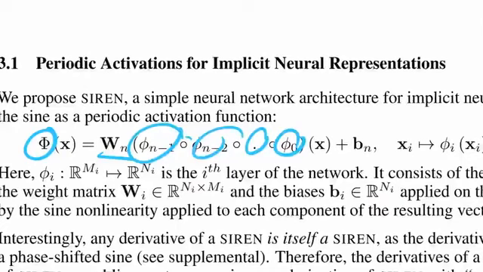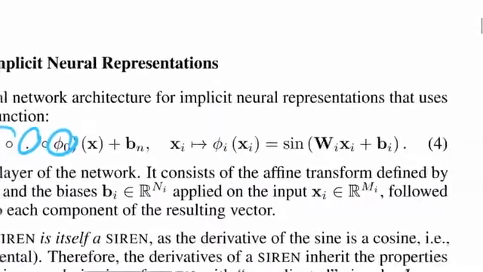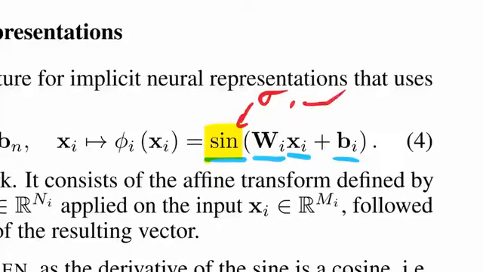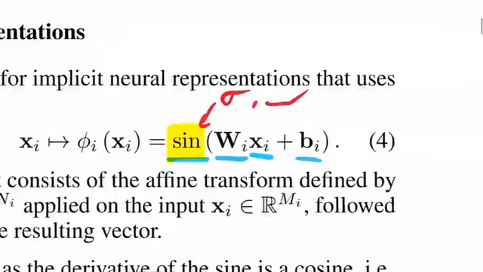So it's a pretty regular multi-layer perceptron, and each of the layers is made up like this. You have an input, you multiply it by a weight matrix, you add a bias, and then you put it through a sine wave. So the sine wave here is really the only change from an MLP otherwise. Usually here you have something like a sigmoid or a ReLU function. Now you have a sine wave.